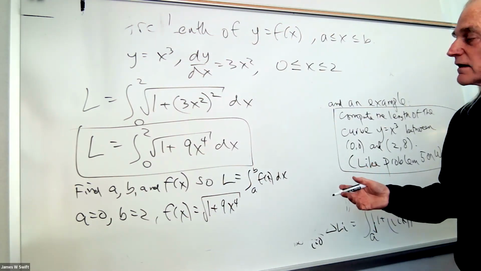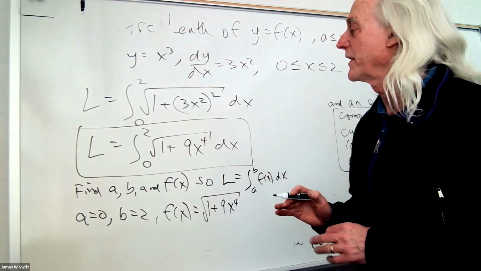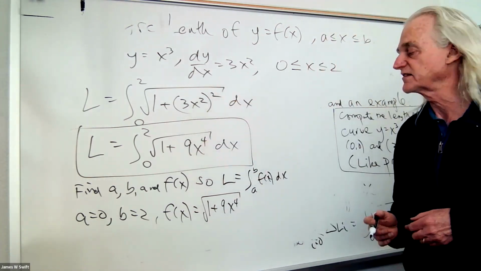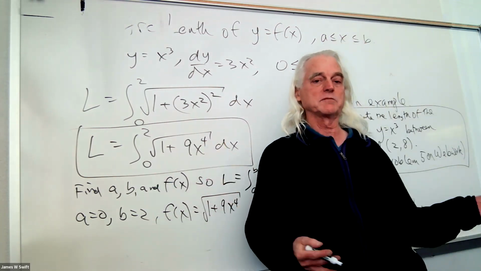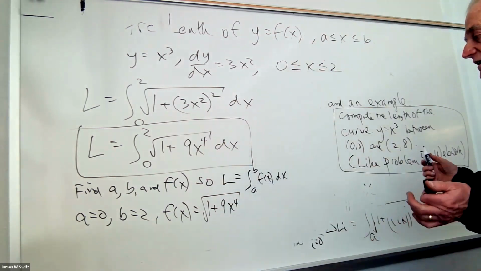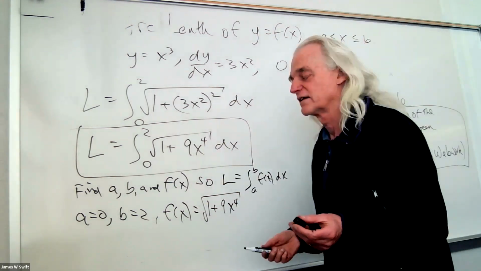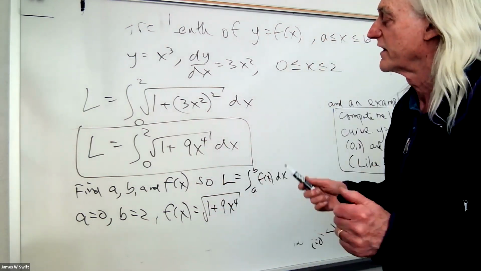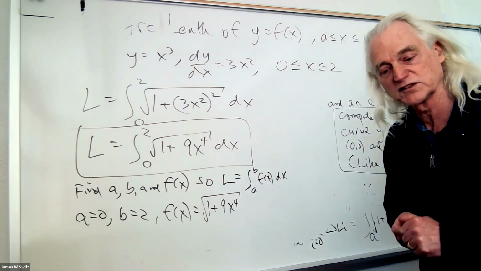I know a lot of people make it harder than it is. They're basically just saying, set up the integral. And like I said, I have 3 problems where you set up the integral. Usually, for most functions, I can't actually do the integral. There are a few functions where you can.